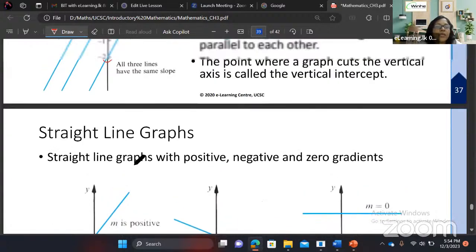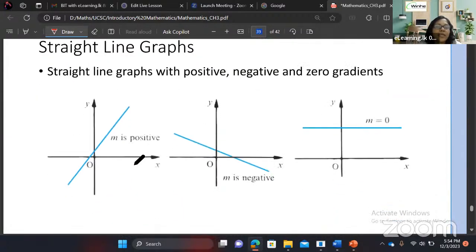And also you have to keep in mind, the straight line graph with positive gradient makes an angle with the x-axis which is less than 90 degrees, right?